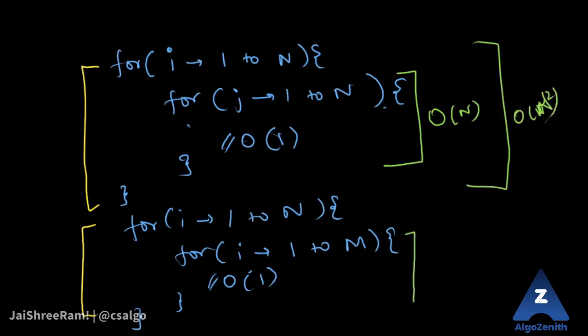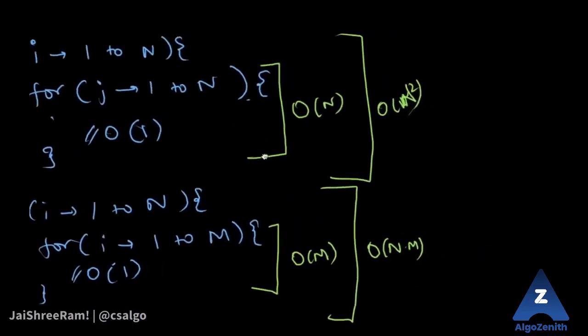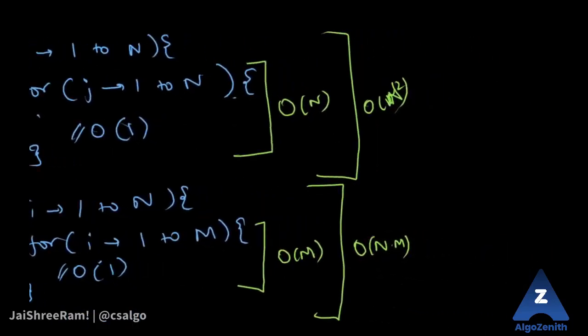Now this part is order m, right? And this part is order n times m, because order m work will be done n times. So this is n into m times, right? Now there's a weird scenario over here that you have n square and n into m. How do you add that, right?